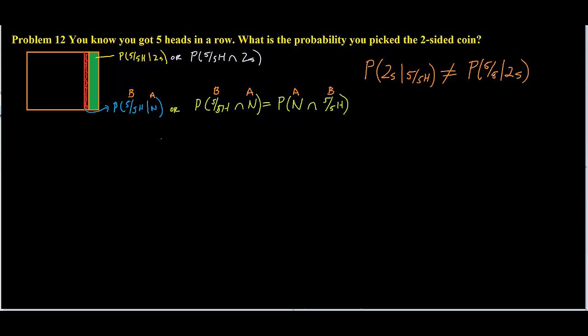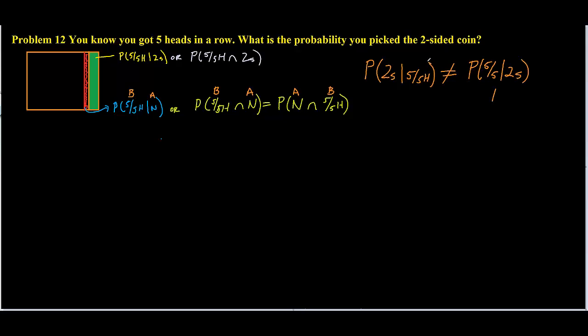The probability of getting 5 out of 5 heads given that you got the two-sided coin is 1. The probability of getting the two-sided coin given that you got 5 out of 5 heads, we don't know what this is. And typically this is what clinicians and scientists want to know.